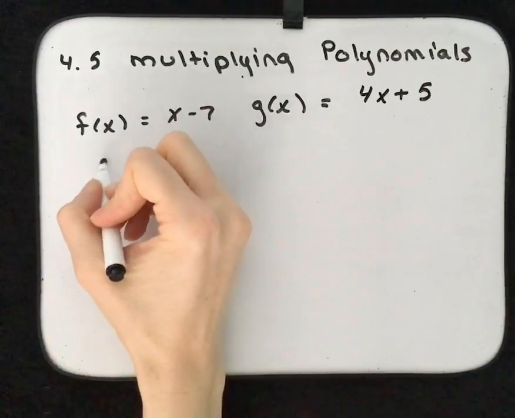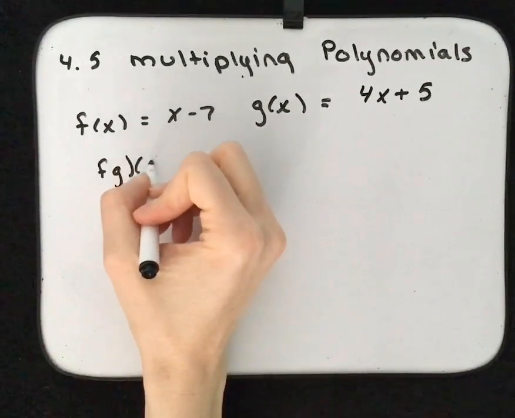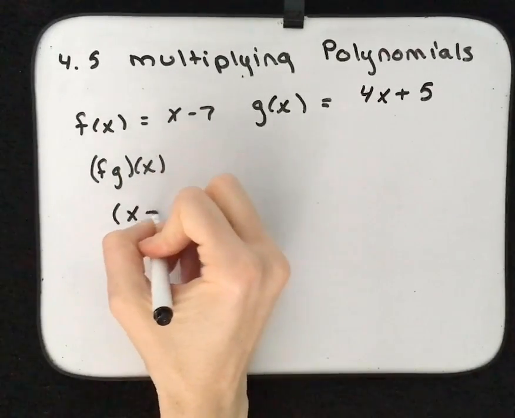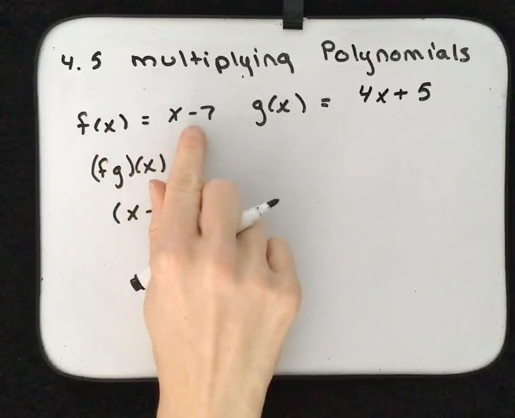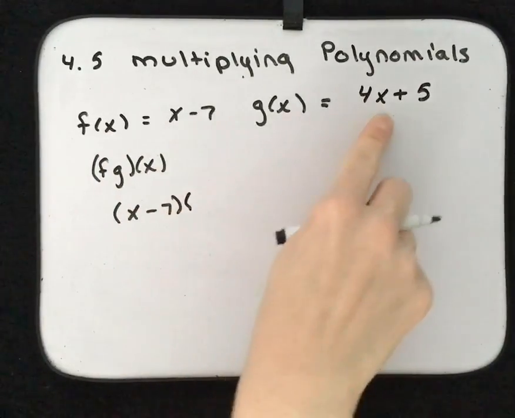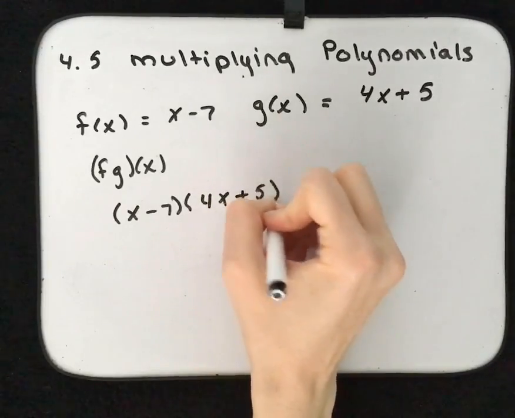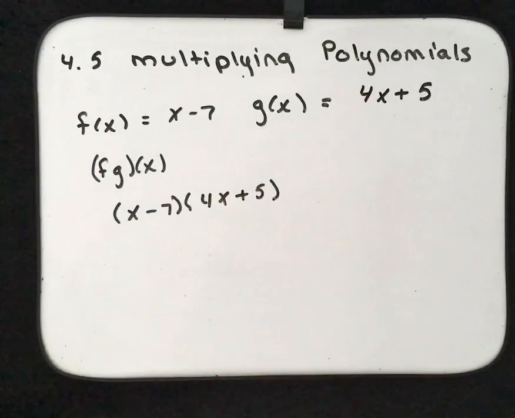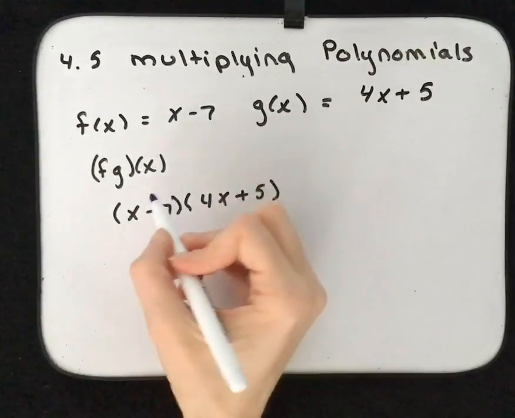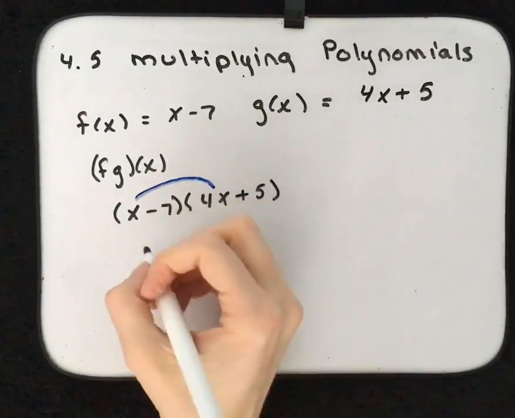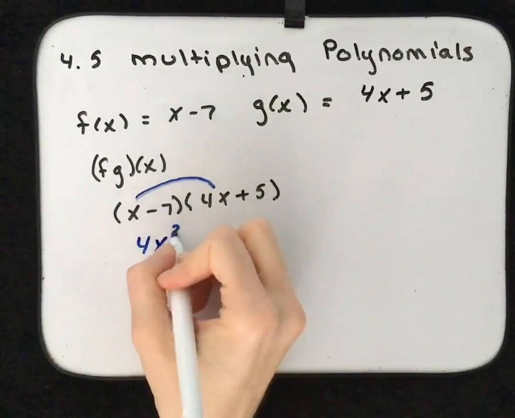So if we want to find f times g of x, that means we're looking at f, which is x minus 7 from right here, times g, which in this case is 4x plus 5. And we'll need to use our FOIL property for this one. So FOIL tells us that we take the first times the first. So x times 4x gives us 4x squared.